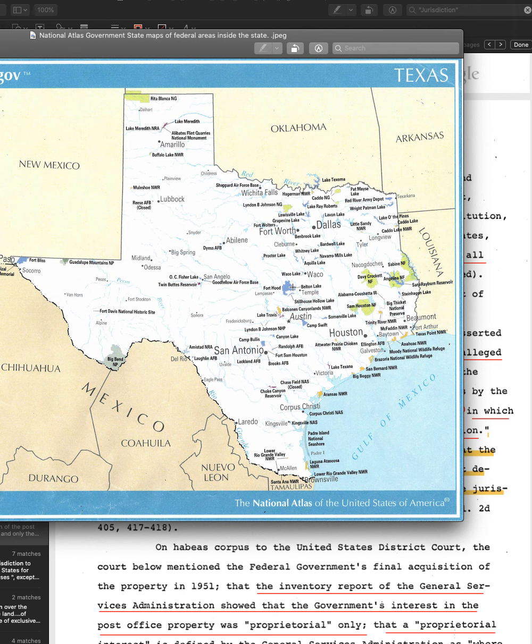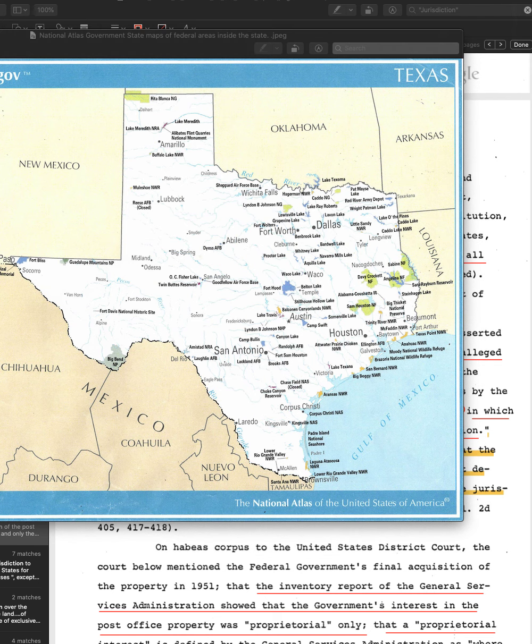And all these federal lands combined are called the state of Texas, not Texas or the territory of Texas. These are the territories inside Texas that were ceded to the federal government, where the federal government hangs its flag.